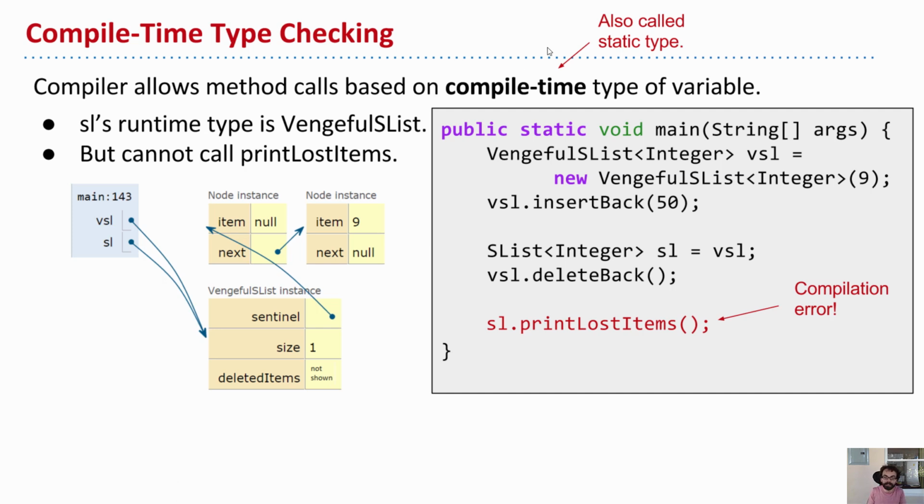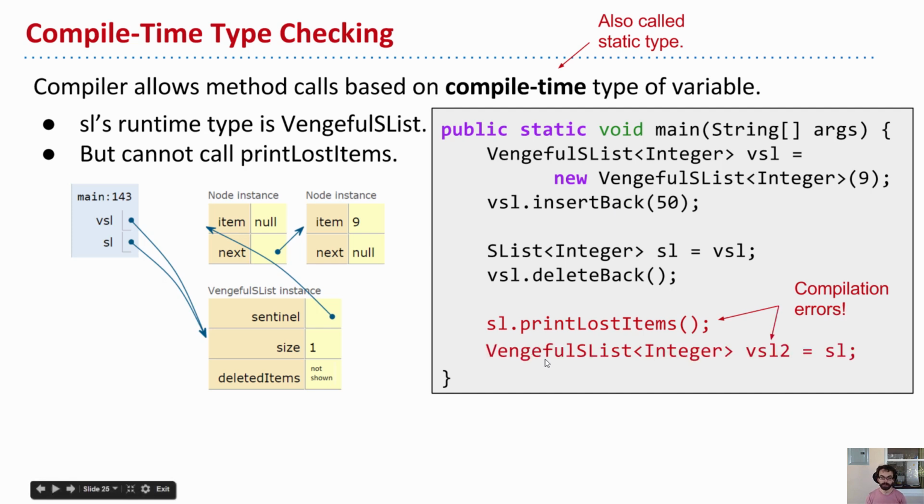The simple reason is the compiler, although in this case it would be easy to figure it out, plays it really safe. It isn't really sure that this sl is actually a VengefulSLList. So it's going to say, sorry, there's no such thing as printLostItems in the SLList class because it's based on the compile time type. That's something that, with practice, becomes totally natural. And again, discussion 4, problem 3 is where you're going to get this down.